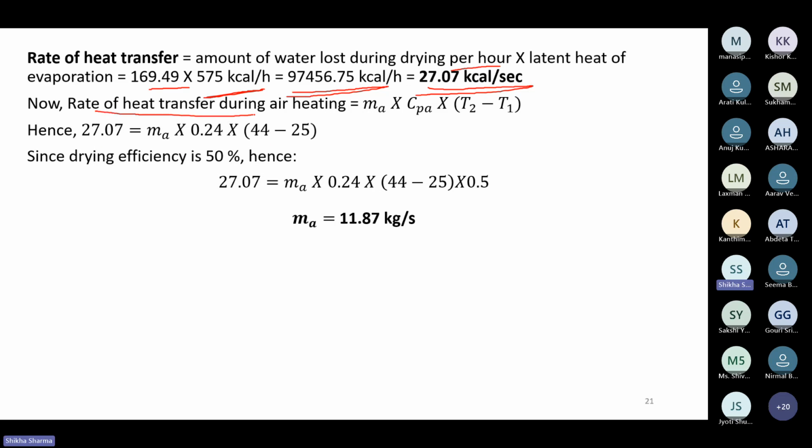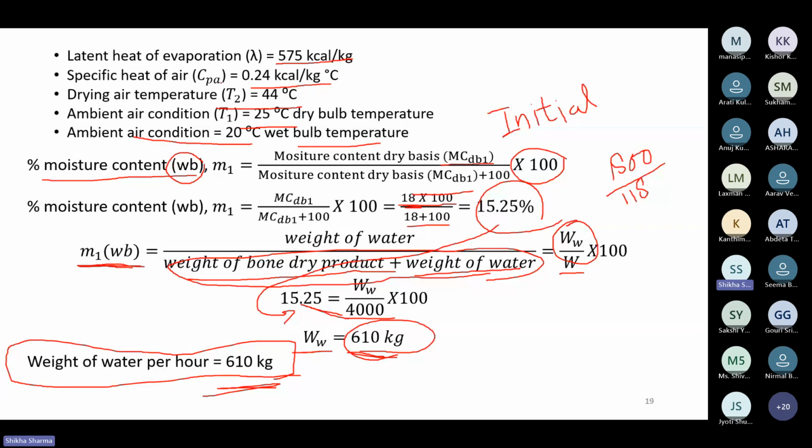So rate of the heat transfer during air heating will be m cp delta T. So we know that the rate of the heat transfer we calculated is 27.07 and equals m cp delta T. So we don't know the m value, we know the cp value, which is the specific heat of the air, 0.24 kilocalorie per kg per degree Celsius.